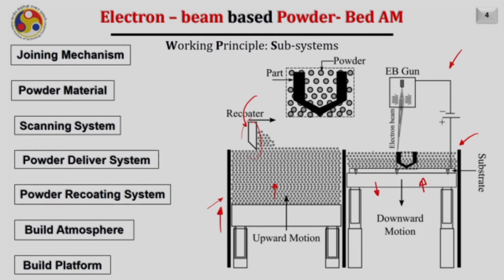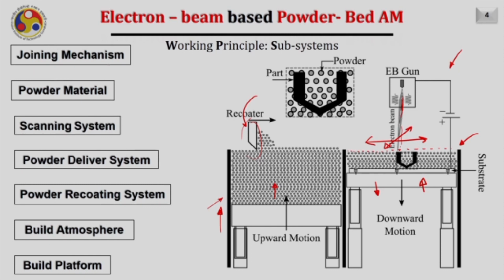As it goes down, it creates a cavity, and a new layer of powder is spread onto this cavity by the recoater. Once the new layer of powder is available, an electron beam falls onto this top layer and is deflected in the XY plane as required to melt the powder particles in the selective region.